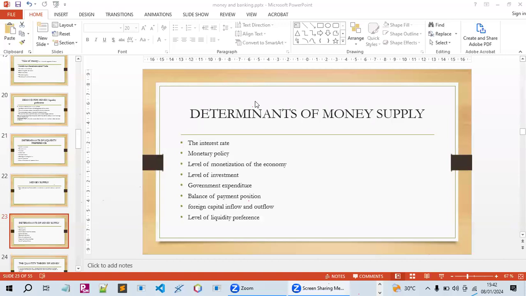Yes, Blessing, you can unmute. Yes, this is very correct for distribution of income among factor owners. Blessing, you can now unmute.